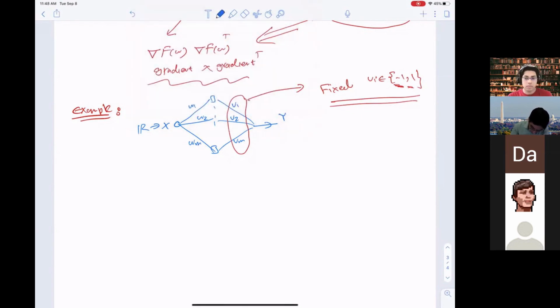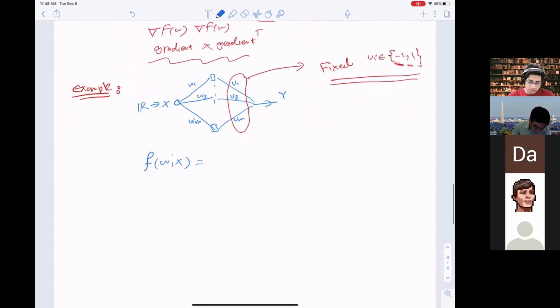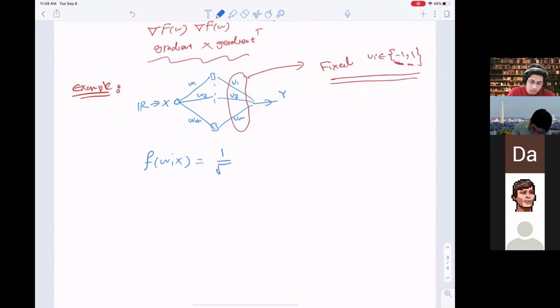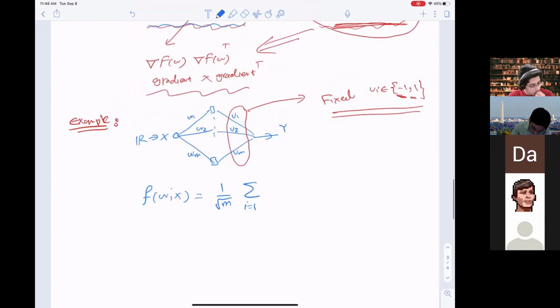Okay, so what is the output? For a given x, I'm going to use a scaled version of it, so 1 over square root of m. This really doesn't matter. It is just to make the notation a little bit simpler later on.